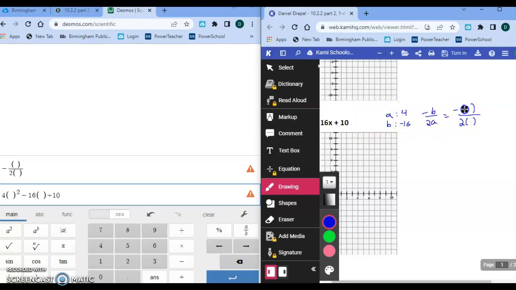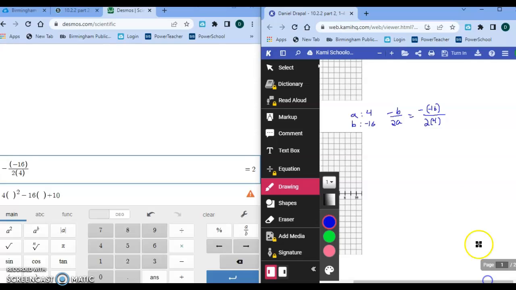My B is -16. My A is 4. So go over here and calculate those. -16 over 2 times 4, and it gives me 2.